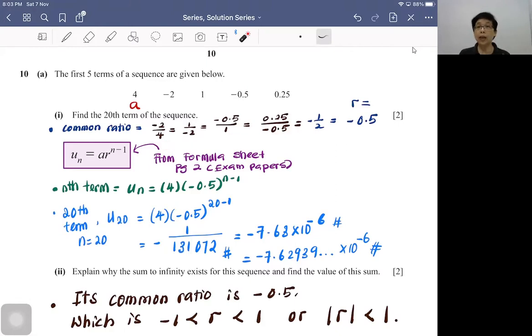You notice that each of them shares the same ratio, which is negative 1/2, or equivalently negative 0.5.